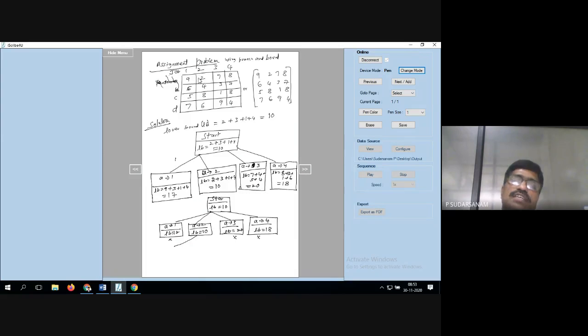Once you take A is equal to 2, next to B value, what can you take? B is equal to 1 can be taken. A is equal to 2 you have taken, that column cannot be taken.